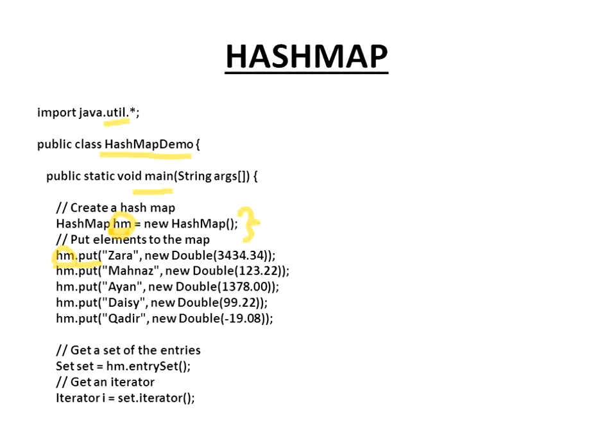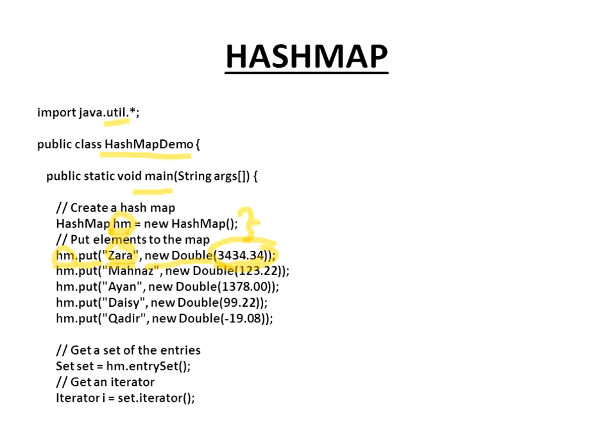Now you can see over here within double quotes, we have Zara, because Zara is a string, so it has to be within double quotes. Then new Double, this is the type, new Double, and then the value that we have passed. So this is the key, and this is the value.